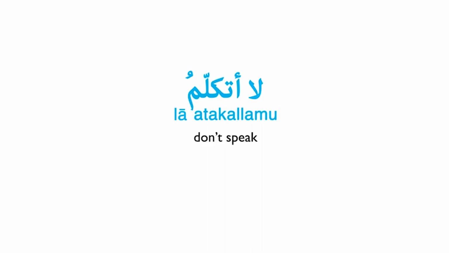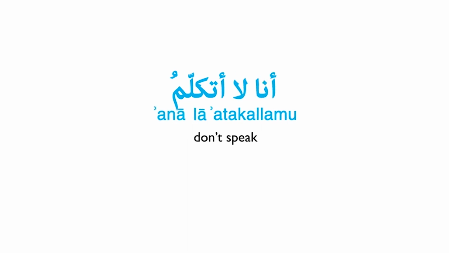Notice also that the verb أتكلم is slightly different than تتكلم, which we learned before. Remember, the verb changes depending on the pronoun used. We are now talking about أنا, Arabic for I. Thus, I do not speak is أنا لا أتكلم.